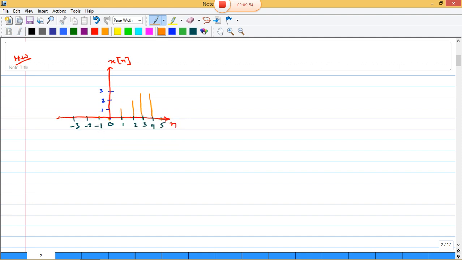I am not going to discuss more points here. Now just find out, for this discrete time signal, x[n - 2], x[-n], x[2n] and x[-n + 2].